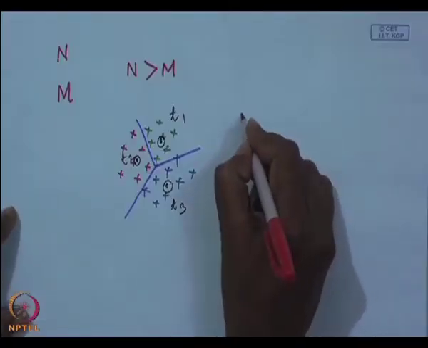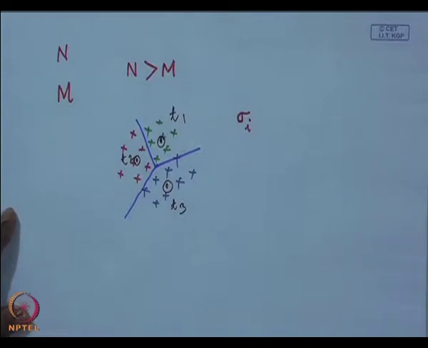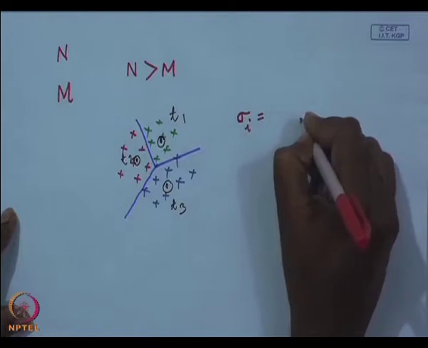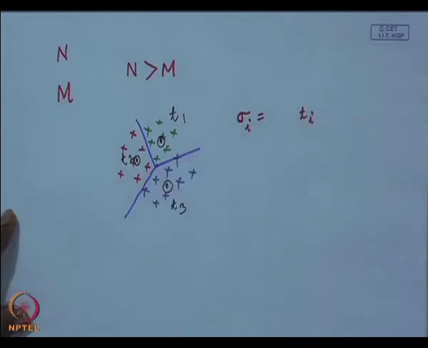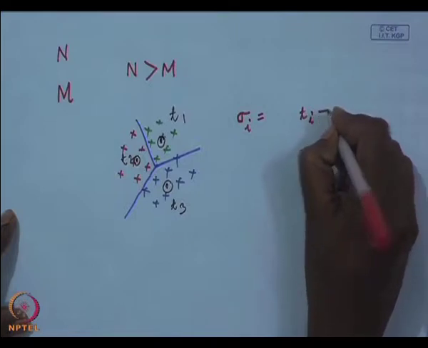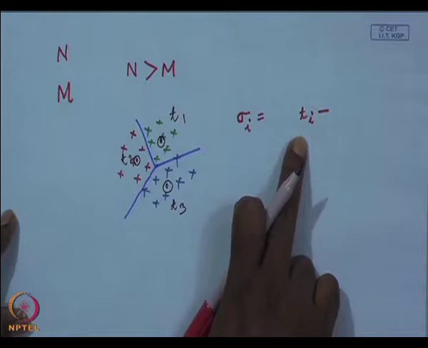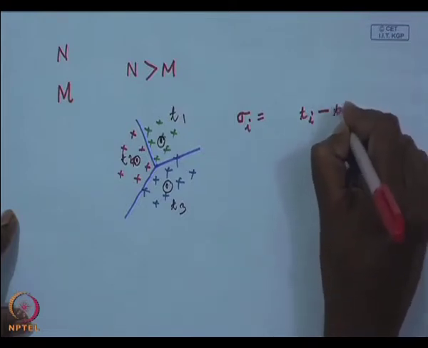So, the way I compute sigma I for the ith radial basis function is this: I have T I, which is the receptor for the ith radial basis function, and then I take p number of receptors which are nearest to T I. Suppose one such receptor is T k.